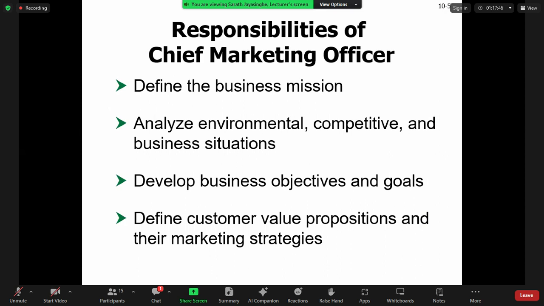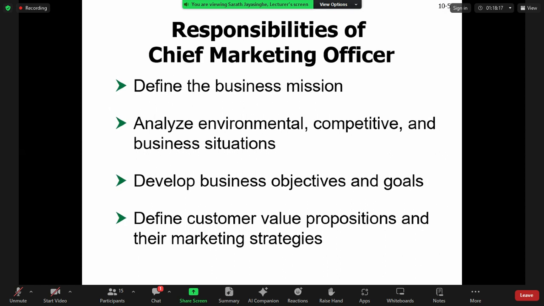Develop business objectives and goals. This is thinking about your product. Define the customer value proposition and their market. If they have not done these things, you have to do that because you are in some company. That company may be a large multinational company, then the top management has done their job. But if you are in a small business organization, then you are the only marketing manager.